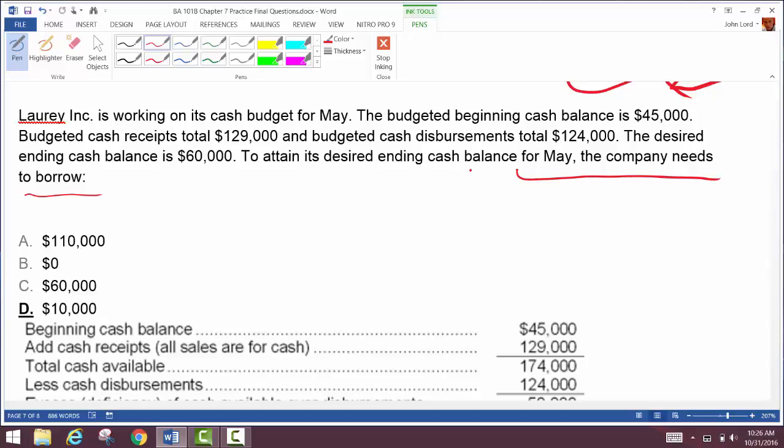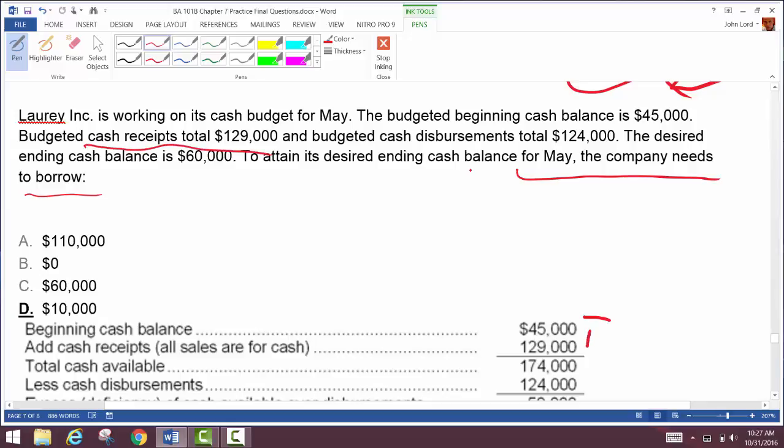So it's asking for borrowing. Right. Trying to get the borrowing. So we can start with beginning cash balance. Okay, good. So we got a beginning cash balance, what, 45,000? Yeah. Okay. And then we gotta add the cash receipts. Good. We got cash receipts here, so we're not going to have to borrow that money, right?